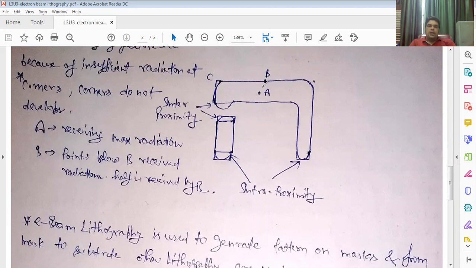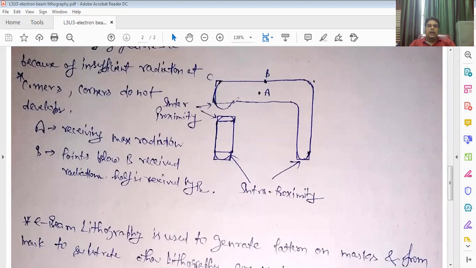The major problem arises with the corner points here. Due to the lack of proper electron beam radiation, the pattern will not be formed. That means I wanted to make the L-shaped pattern here, but actually I will not get an L-shaped pattern. It will be like this, a curve shape.